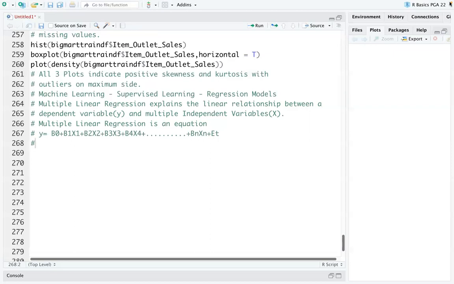So what are the various components? Y represents the dependent variable. Beta 0 represents the intercept or constant.